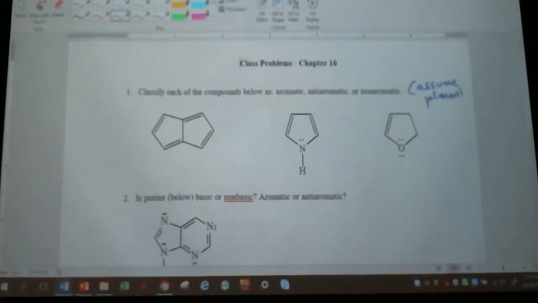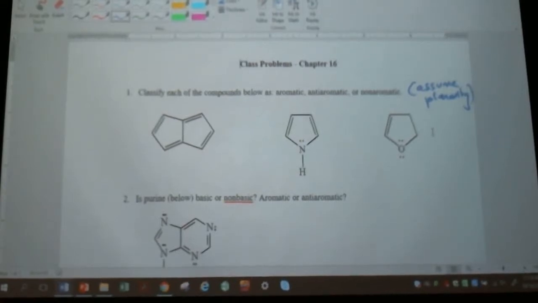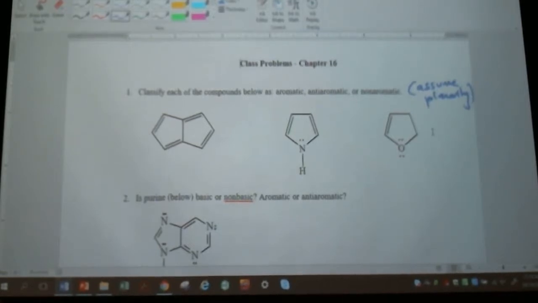Assume that if possible, this thing is going to be flat. How about the one on the left?